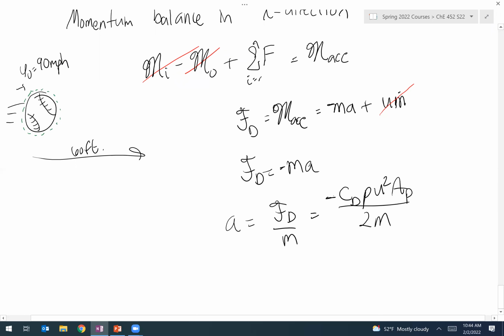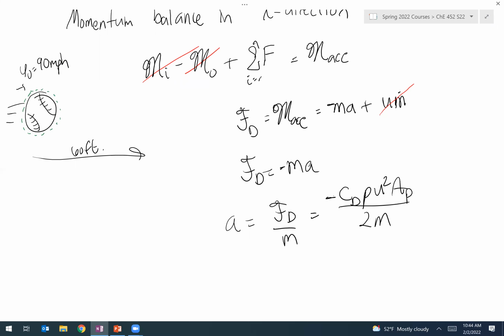So if I know the drag coefficient and its diameter, I can calculate the acceleration. Then I can apply the old physics displacement equations to find the velocity when it crosses home plate. That's a neat question on a final.